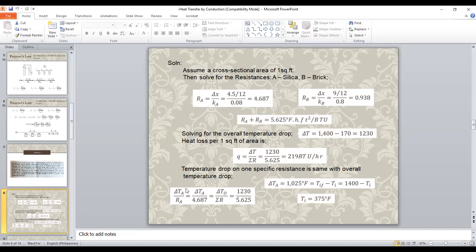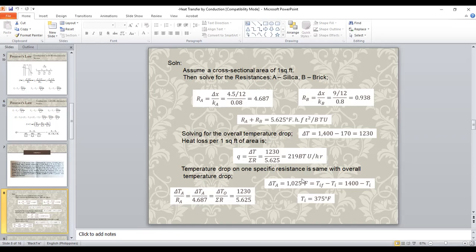Now with this delta T, we can get the temperature at the interface, or the boundary, between the single-cell brick and the common brick. So if we get it from this particular set, we have 1,230 divided by 5.625, and you will get a delta T sub A value of 1,025.